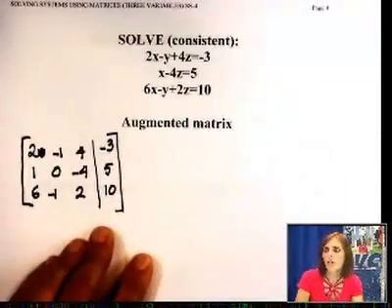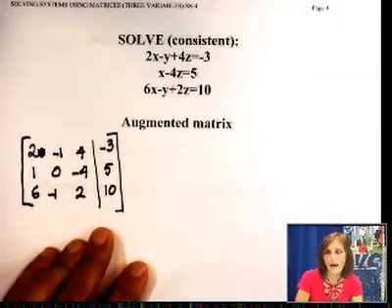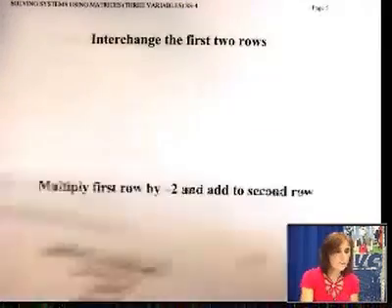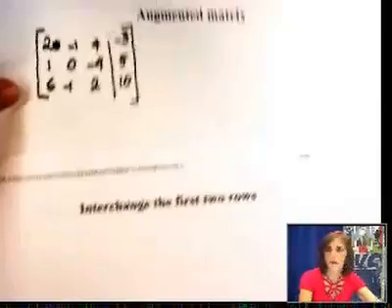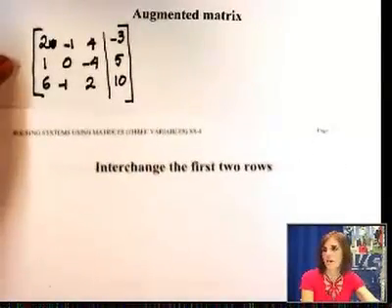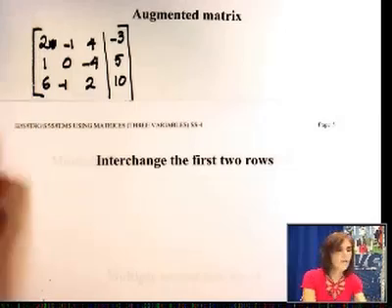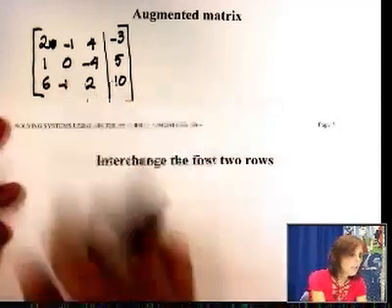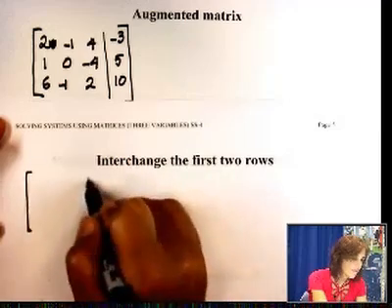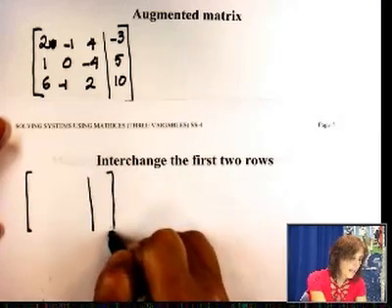Now, I'm going to write down what I have, and you're going to see. Let's do it this way so you can see it. Interchange the first two rows. This is what I have.